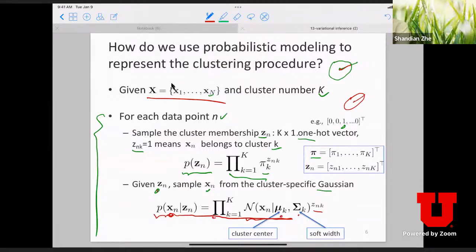And here I just want to mention that this cluster covariance is not the cluster radius. It's just a soft width. Because if you sample from a Gaussian distribution, this is the mean, this is the variance. Variance just indicates how, on average, it deviates from the mean. It does not necessarily mean that your sample must be within the variance.